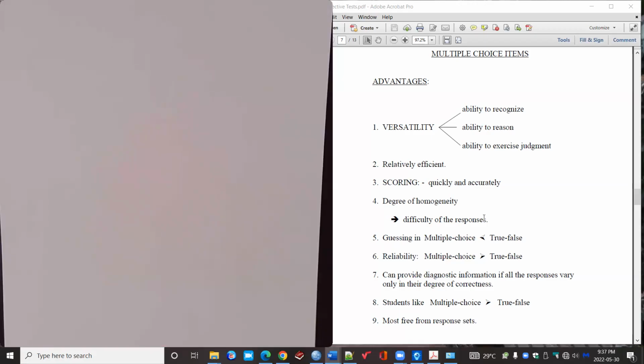So the degree of homogeneity could have a significant impact on the difficulty level of the item. Remember the 3-1 split in test wiseness? The 3-1 split is likely to make the item very easy, right?